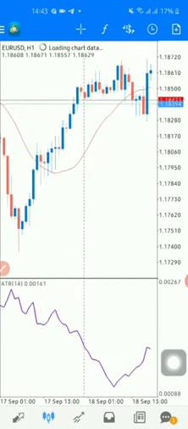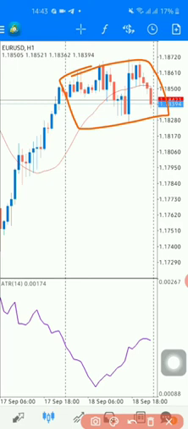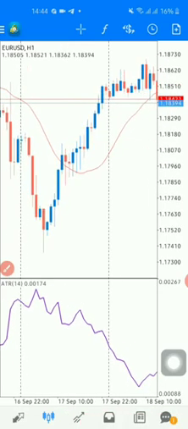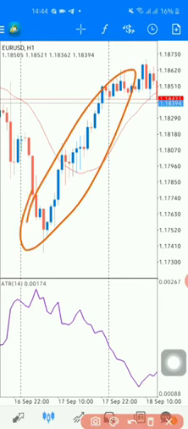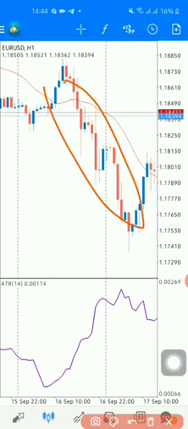When you come to a lower time frame like H1, you can see some movement over here, but still it was just a ranging market. When it happens like this, only scalpers make money. The market has no direction. Mostly the market has direction anyway. You can see there is a movement here that we can capture value from. There is a movement here that we can capture value from.